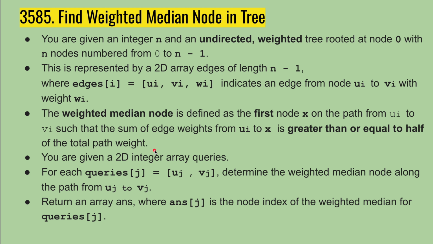So let's suppose you are going from Bangalore to Delhi, and in the middle something comes, let's say Nagpur. That is what we call the median node.